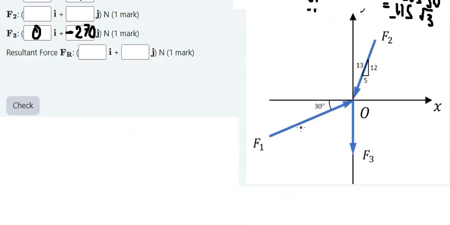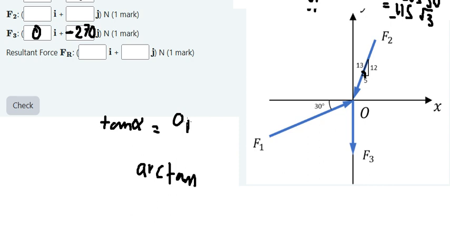Now let's go to the last one, that is about F2. So they just provide the numbers in here. So in this case we can find the angle in here, that is about arctan. Why do we use arctan? Because tan alpha we have opposite divided by adjacent.